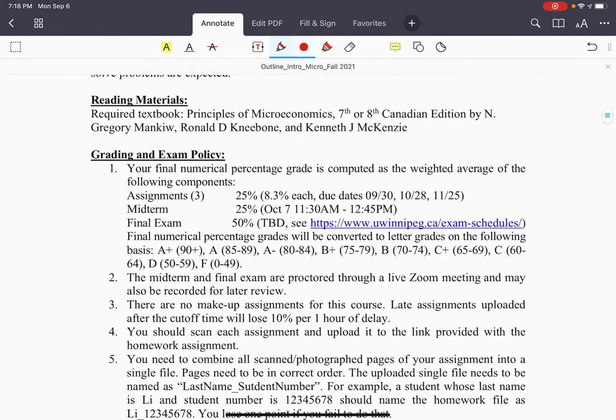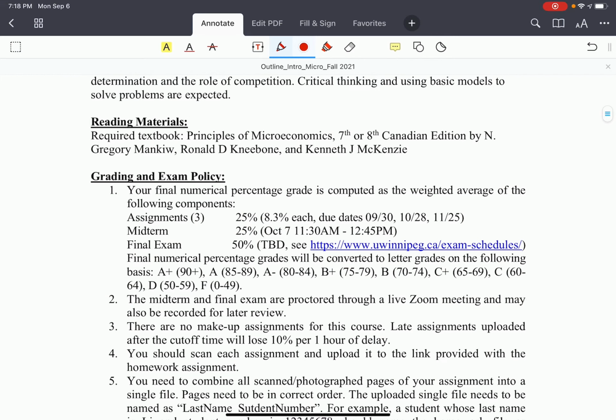And the book I will use is Principles of Microeconomics. I believe the newest edition should be the 8th Canadian edition. But to save you money, obviously, you can use the 7th, or you could use the 6th edition.